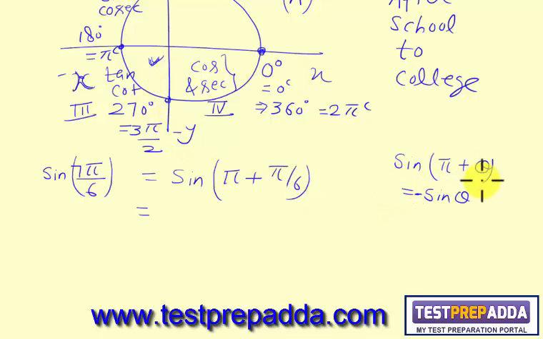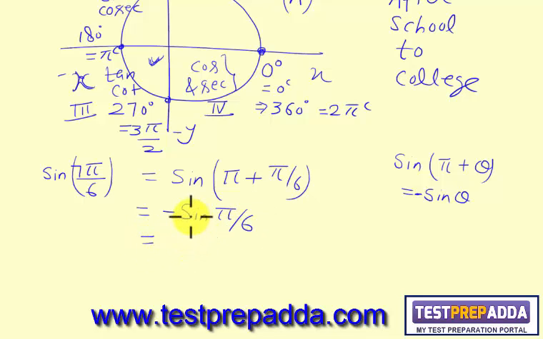Rest of the trigonometric ratios are negative. But it was pi plus theta. That is why sine remains sine. It will not be converted into cos, while in case of 90 plus theta, sine will be converted into cos. Here the sine will remain sine. Okay, so minus sine this. So in this case, what can we write? Minus sine pi by 6.